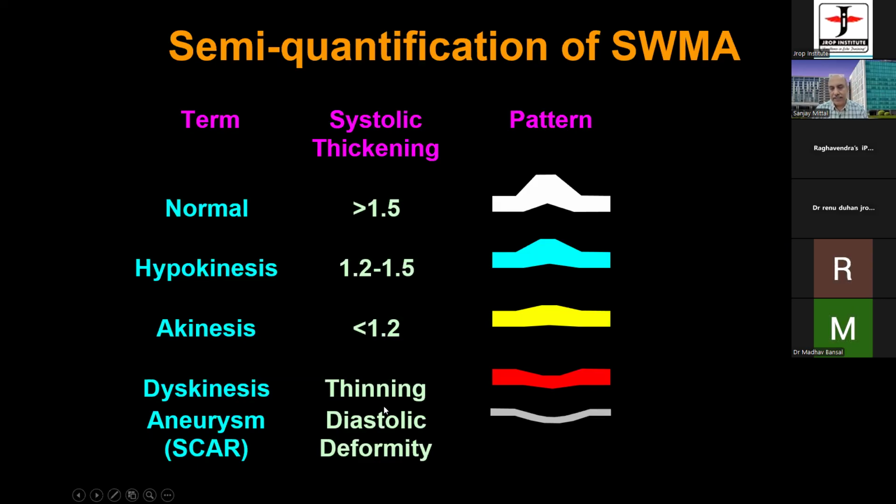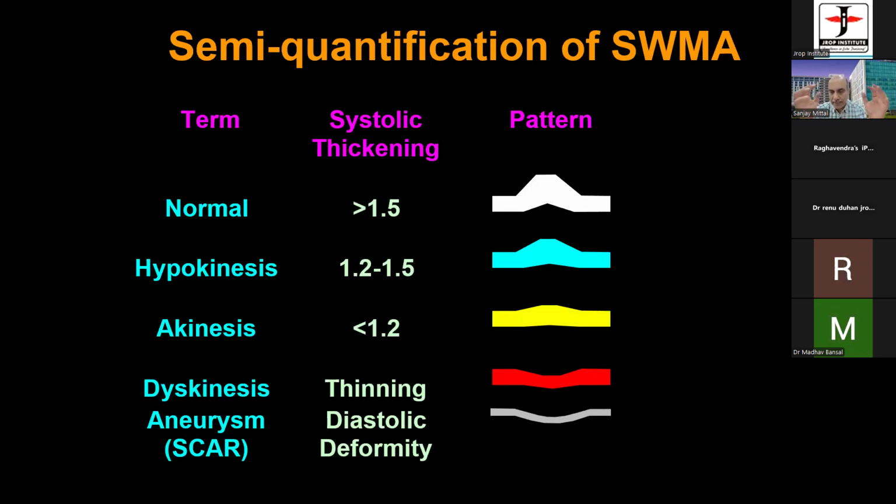And dyskinesis is when in systole, instead of thickening, the segment becomes thinner, just like what I showed you in the first example. What is important is when there is scar, this scar means there is outpouching of the shape of the ventricle even in diastole.